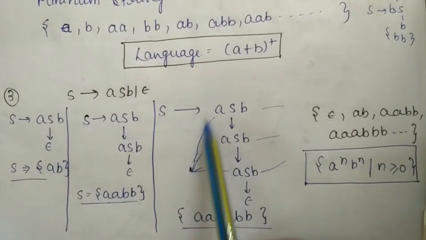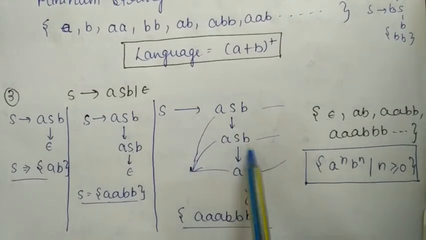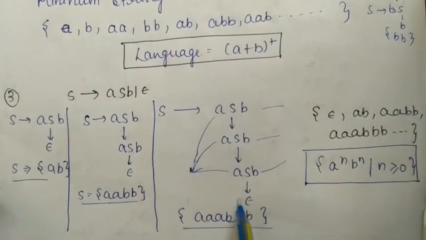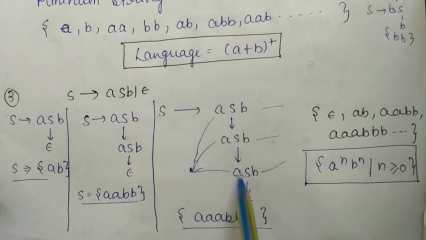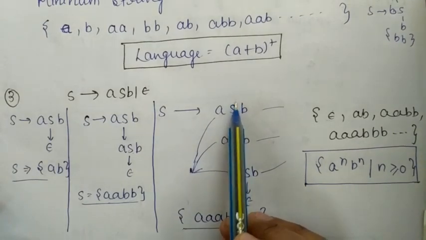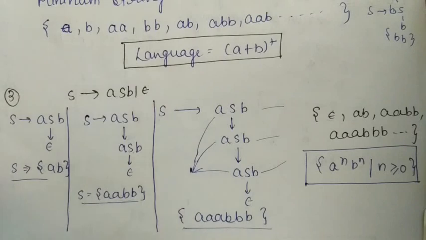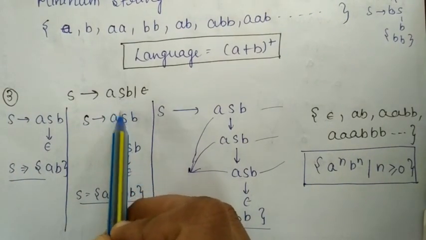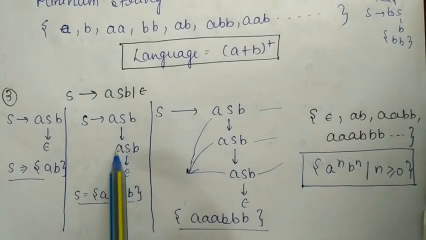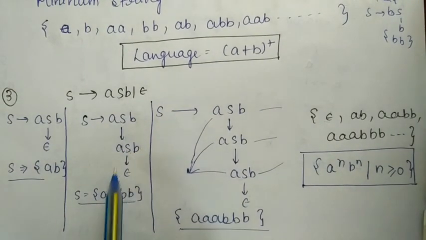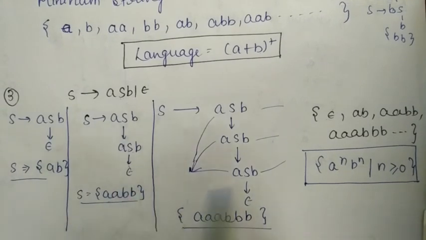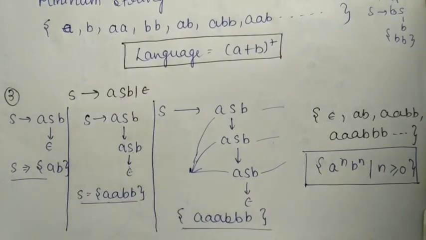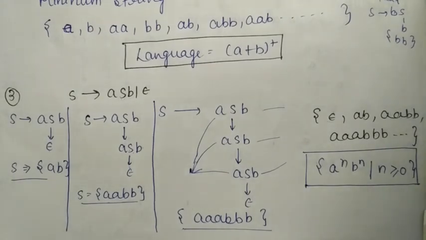Now if we do this 3 times, aSb and aSb, what is it generating? aaabbb. It means that every time we replace S by itself, it generates one a and one b. Whenever it generates one a, it will generate a b also.